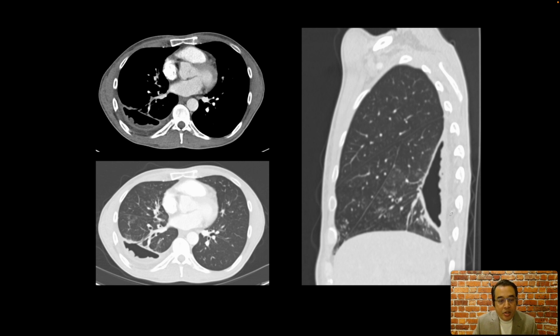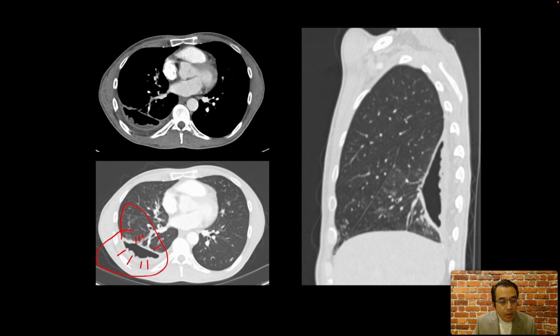Here's our next patient. They underwent a CT of the chest, and we see a loculated pneumothorax right here in the lung windows. The pleura on both sides is thickened, and there are probably some debris inside. And on this axial image, we also find that there is an airway which is opening into this pleural space.